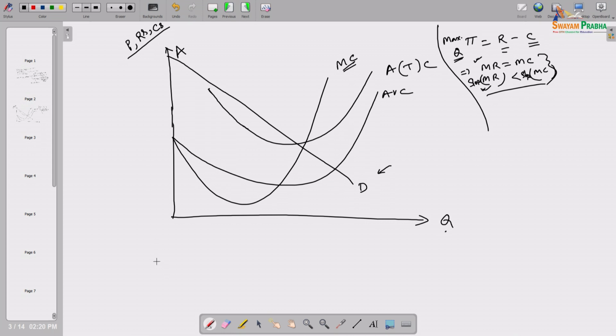So we are writing the demand curve as if price equals some function of quantity, in implicit form.